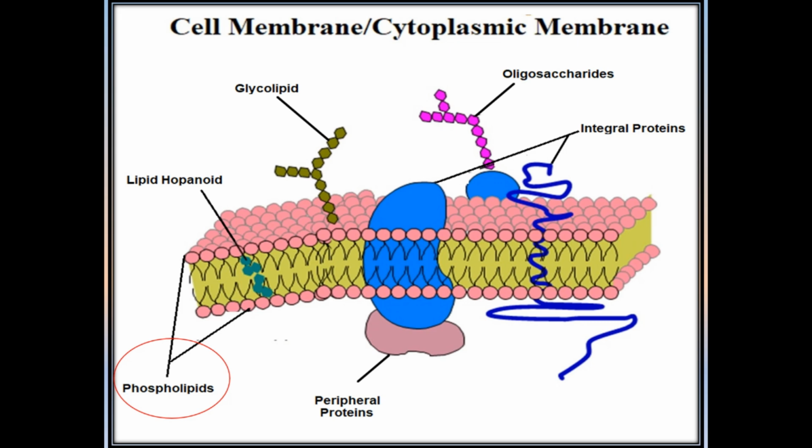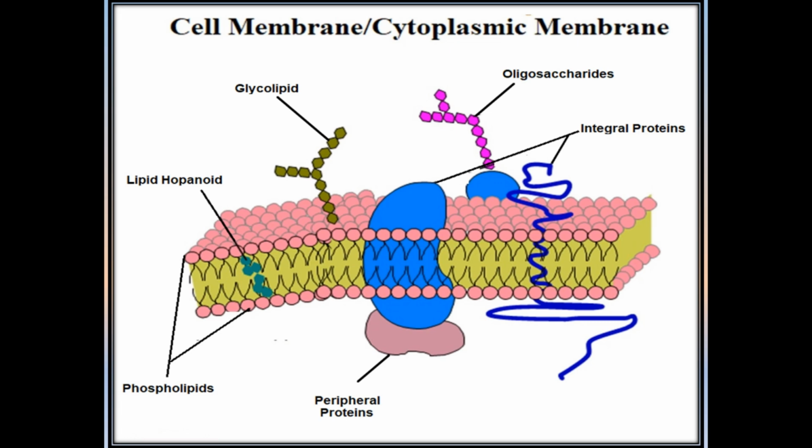These phospholipids play several functions. However, the major role is providing a permeability barrier and providing an environment for large numbers of enzymes and transporter proteins.